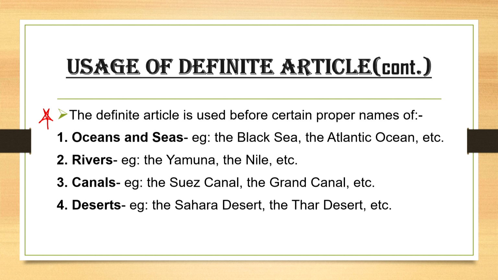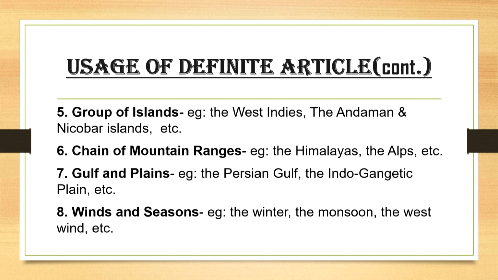So, it is used before oceans and seas, for example, the Black Sea, the Atlantic Ocean, etc. Then before rivers, for example, the Yamuna, the Nile, etc. Then canals, for example, the Suez Canal, the Grand Canal, etc. Now, before deserts, for example, the Sahara Desert, the Thar Desert, and so on. Now, before groups of islands, for example, the West Indies, the Andaman and Nicobar Islands, and so on.